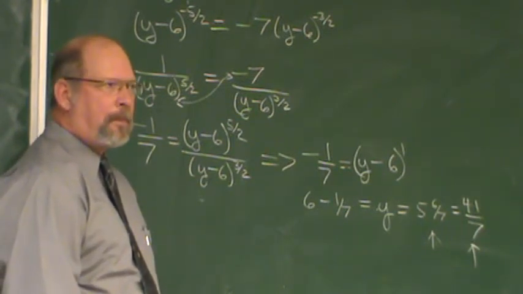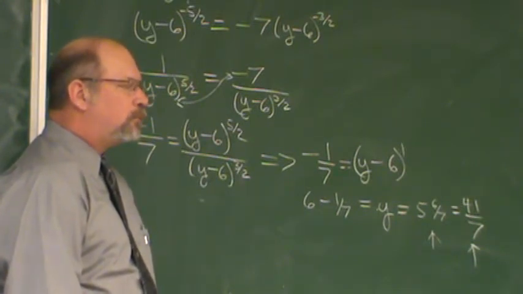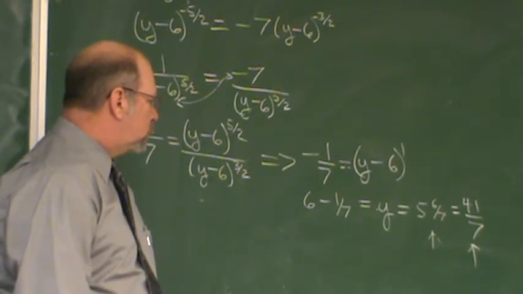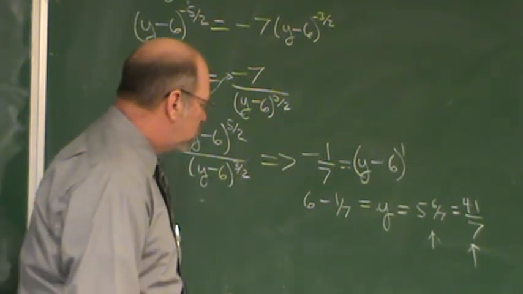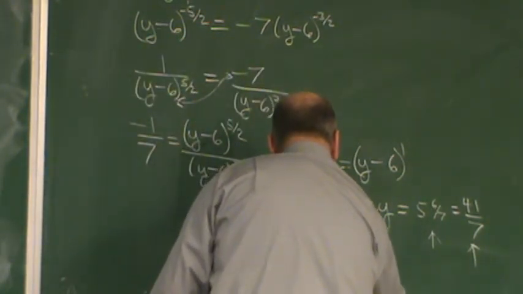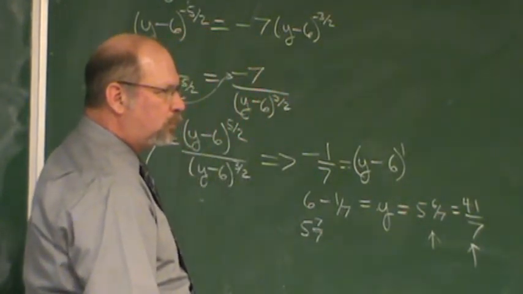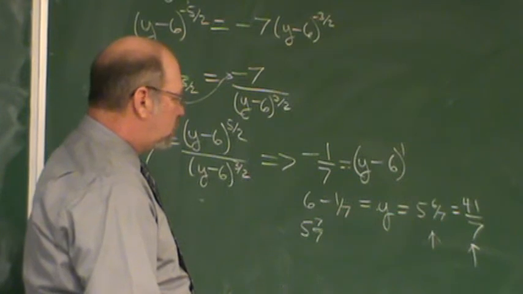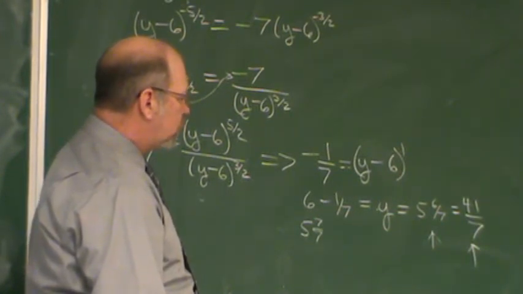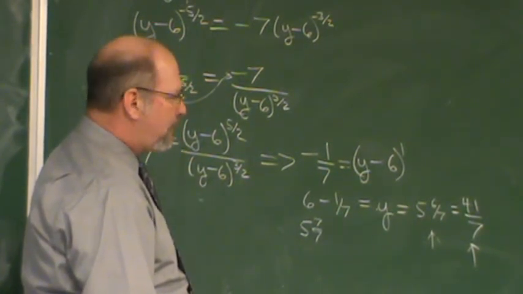So when you have 6 minus 1/7 equals y, where did you get the 5 and 6/7? Well, I'm thinking the 6 is 5 and 7/7. I see that. And then when you subtract that, 7 minus 1 is 6, so 6/7. Okay.